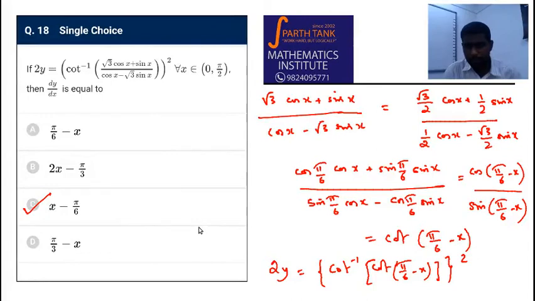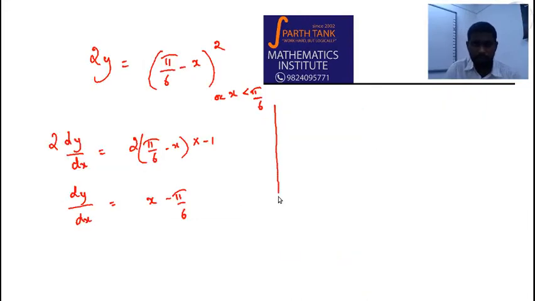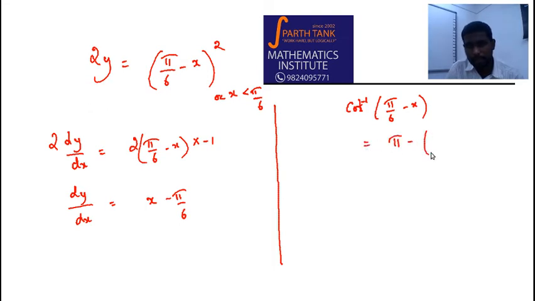Alright, so what if x was greater than pi by 6 here? Then cot inverse of cot of pi by 6 minus x would have been pi minus that, so it would have been 7 pi by 6 minus x.